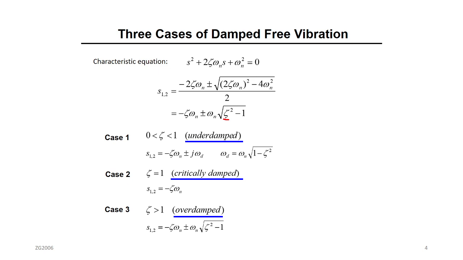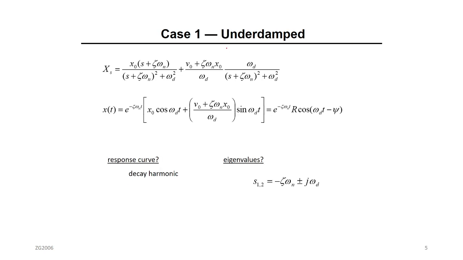So let's start with case number 1, underdamped. Zeta here is less than 1, and greater than 0. If you solve, you will have two complex conjugates.